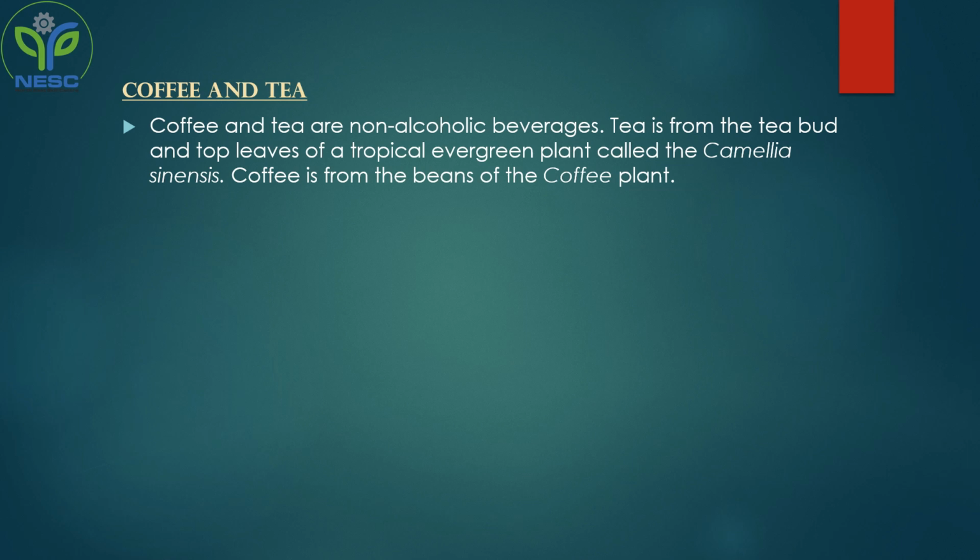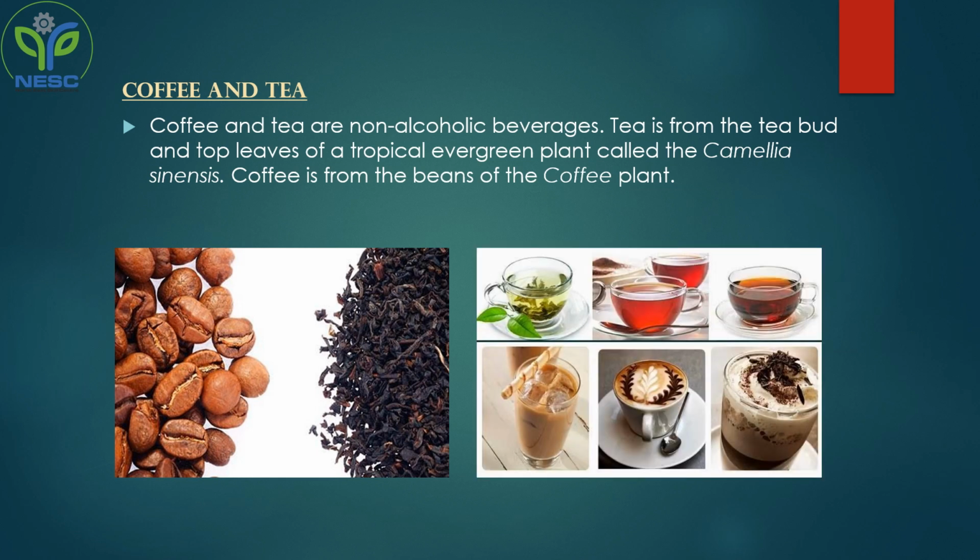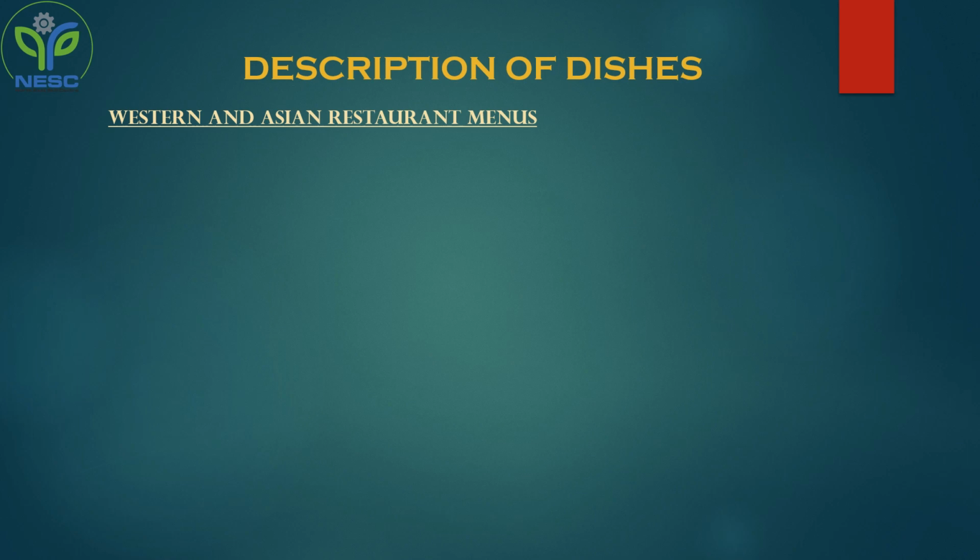Coffee is from the beans of the coffee plant. Here are some pictures of coffee beans, dried tea leaves, and some tea and coffee. So those are the categories of food items normally found in a menu.